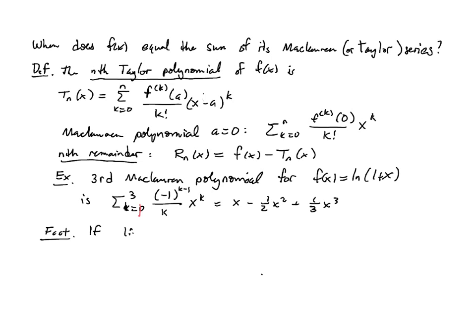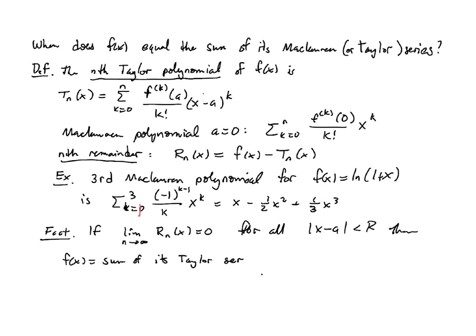So if the limit as n goes to infinity of Rn of x is 0, and this is for all x with absolute value of x minus a less than r, then f of x is the sum of its Taylor series for all x's satisfying this inequality.